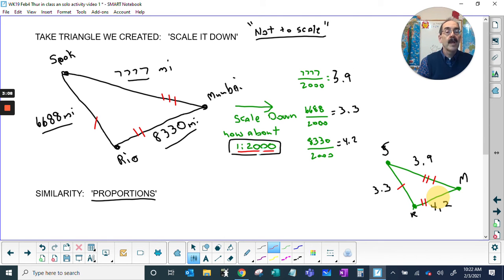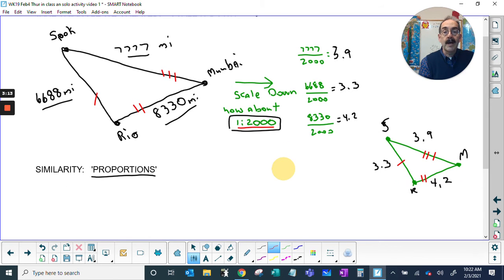Okay, now what if we didn't have the stuff in green? What if all we had was triangle A, triangle B? We would have to prove that they are similar by using proportions. So we would actually find the corresponding pieces.